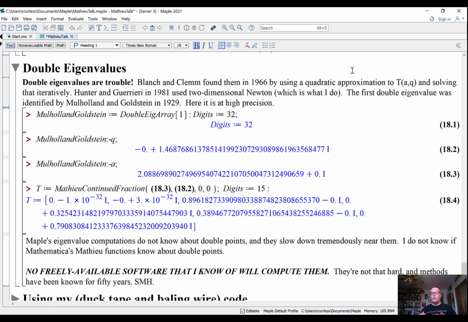Of course, if you choose your value of Q at random, you've got probability 0 of hitting a double point. But nonetheless, near to the double points, the standard methods for computing eigenvalues slow down tremendously. It's not a good idea to use ordinary Newton's method near a double point. Anyway, double eigenvalues are trouble.